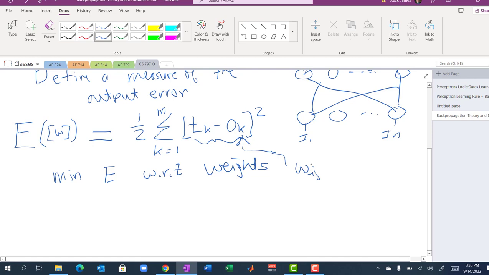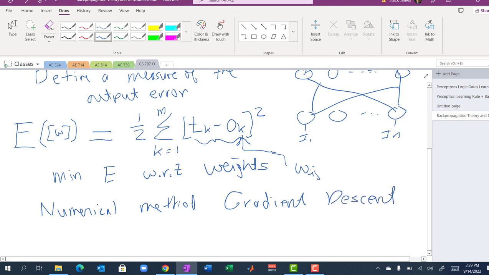And backprop is a numerical scheme or method called gradient descent that minimizes E with respect to the weights.